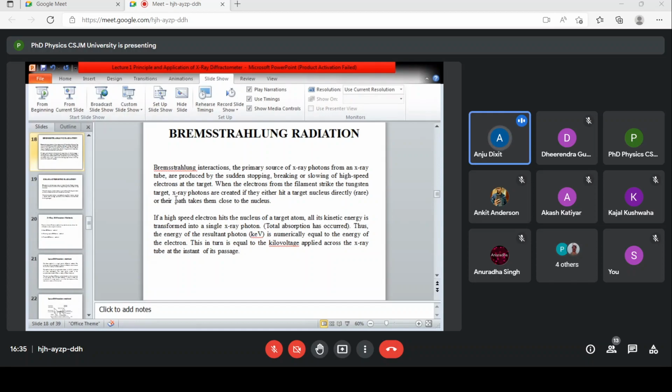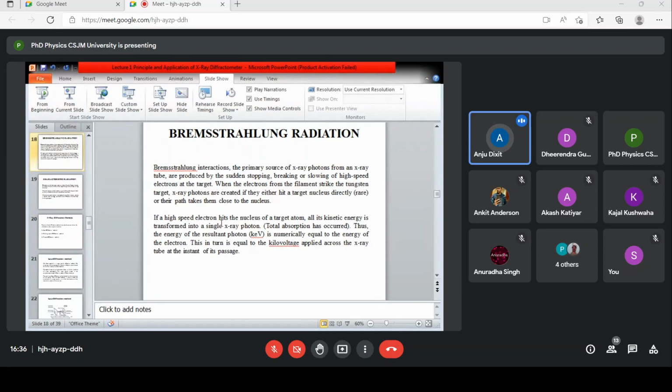So the bremsstrahlung interaction is the primary source of X-ray photons from an X-ray tube, produced by sudden stopping, braking, or slowing of high-speed electrons at the target. When the electrons from the filament strike the tungsten target, X-ray photons are created, if they either hit a target nucleus directly or their path takes them close to the nucleus.